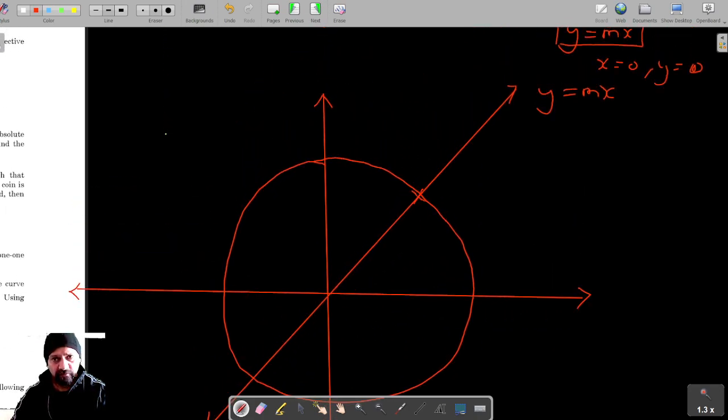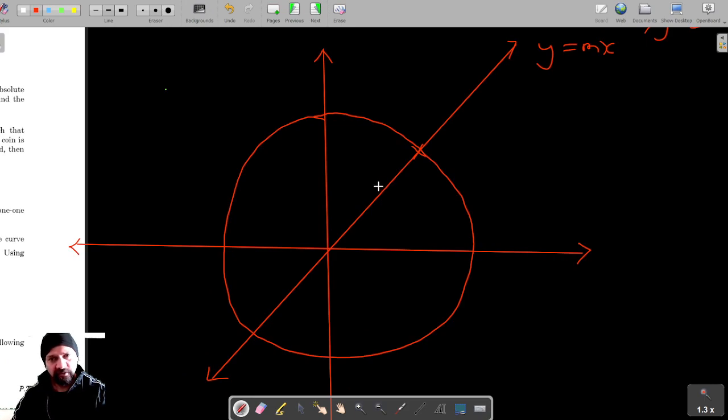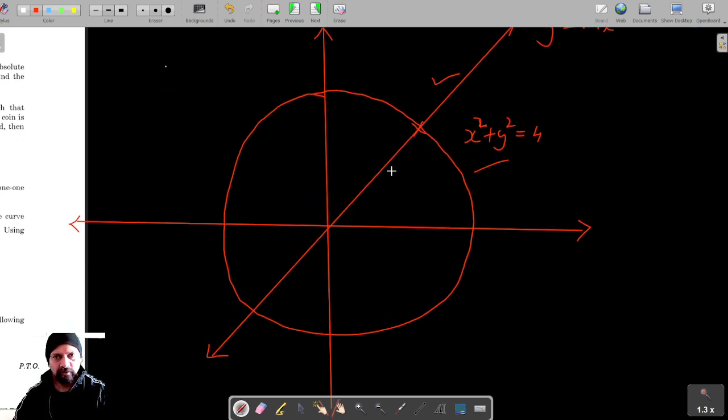Now we have to find the point of intersection, because the region whose area is given is between the line y is equal to mx and the curve x square plus y square is equal to 4. This is the region whose area is given.